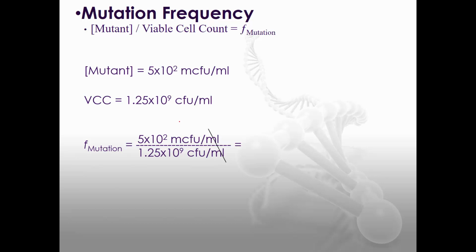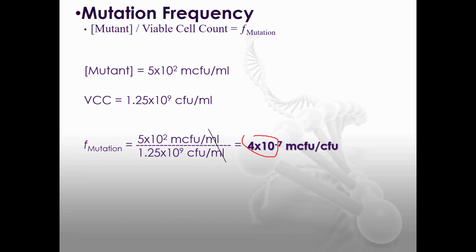The mils are going to cancel out. When you do the math, what you get is 4 times 10 to the negative 7th mutant colony forming units per colony forming unit, or mutant per cell.